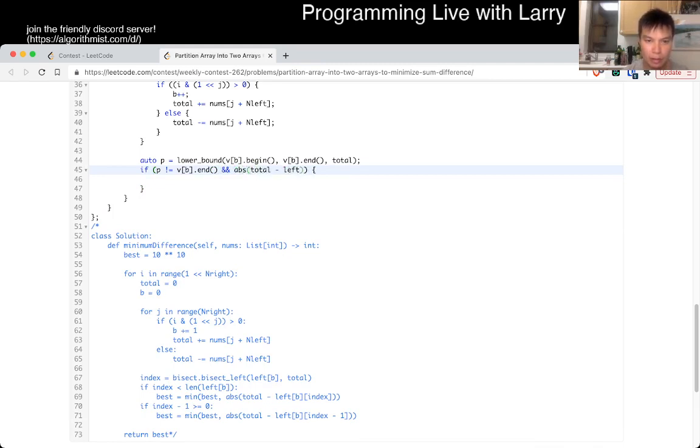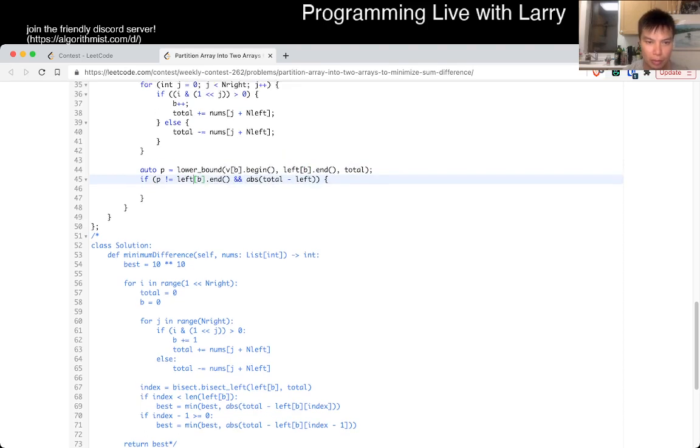Why do I have re? What is re? Oh, because I used it earlier for the other thing.